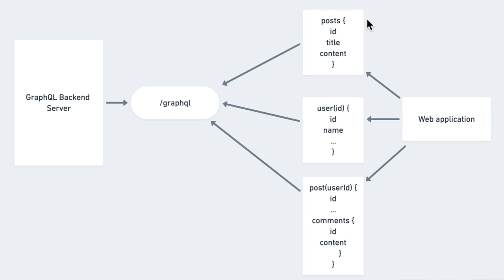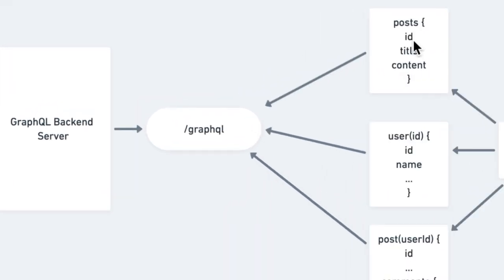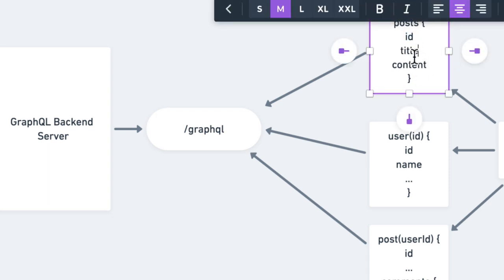So what happens is that we request for posts, and then we pass it this object-looking shape, and inside we give it the properties that we want the server to give back to us of the posts data. Meaning that what we would pass in if we only wanted ID, title, and content would just be those fields.